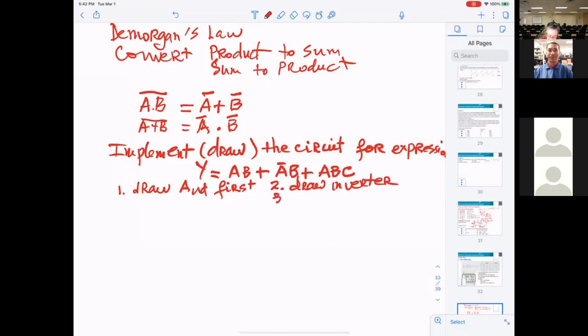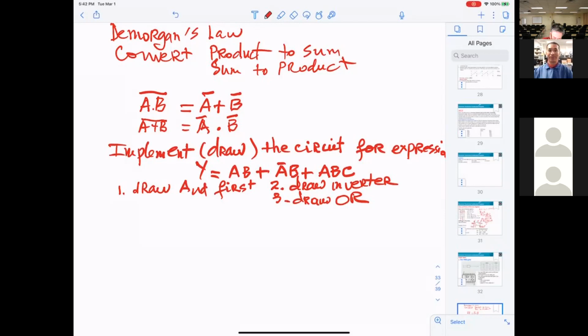Number 3, draw OR. You have to follow that procedure in order to draw the circuit for Y equals A and B, or not A and B.